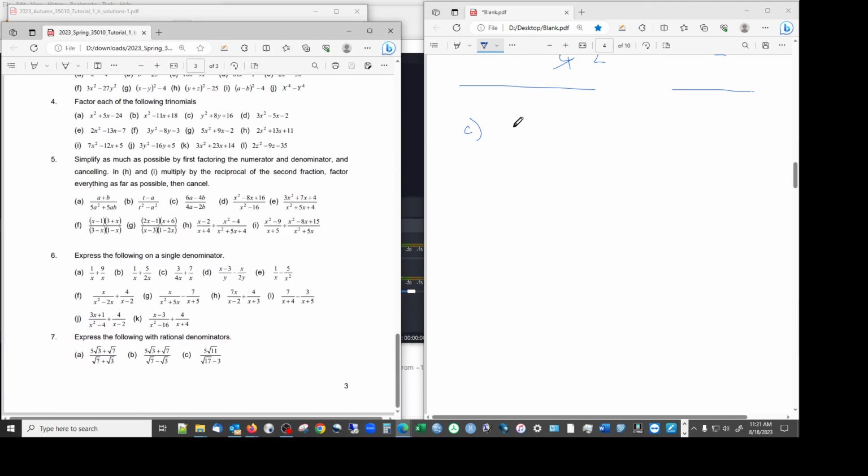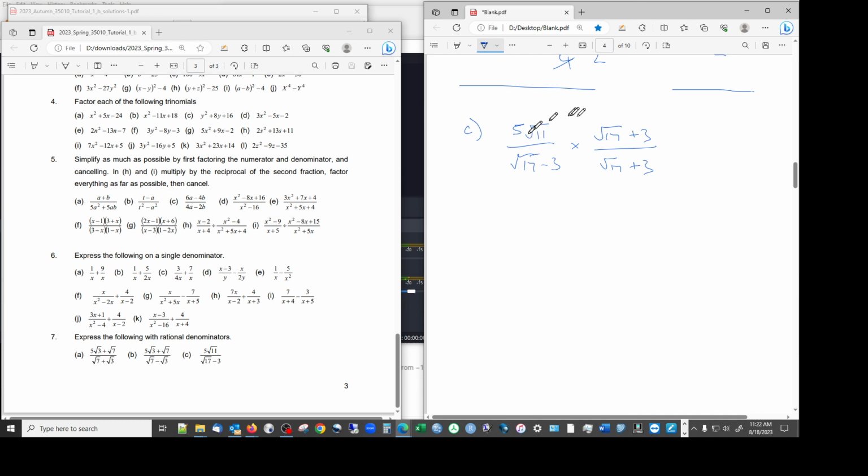Doing 5 root 11 over root 17 minus 3, and it doesn't matter that it's got the third. We're not going to change the value, so we'll do the conjugate, root 17 plus 3. So we're not changing the term, we're multiplying it by 1, we're just multiplying it by the conjugate.